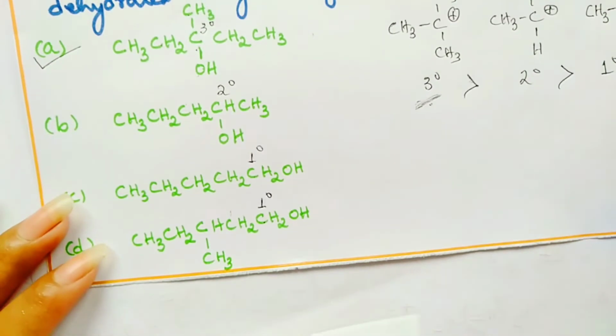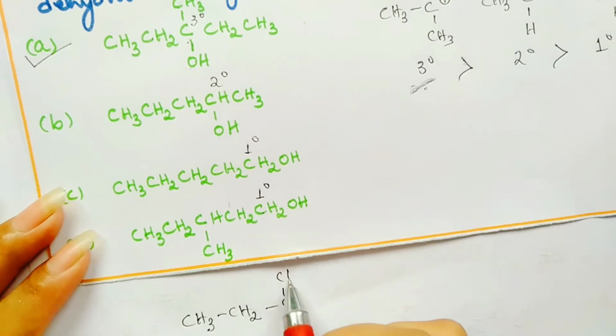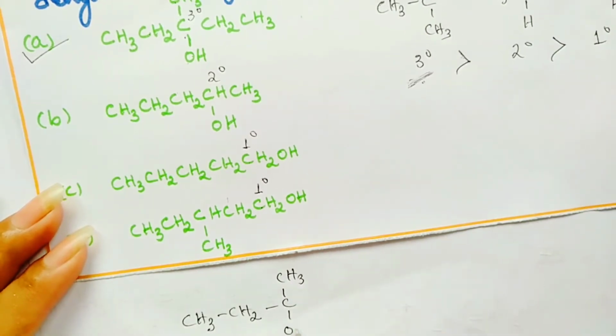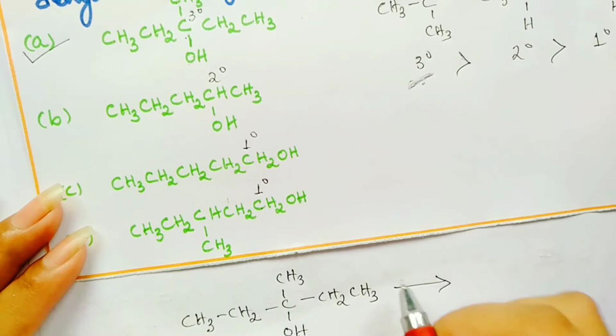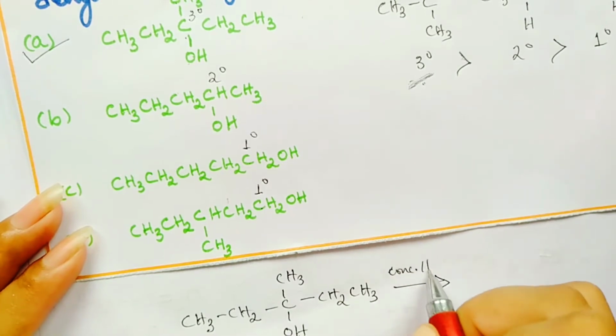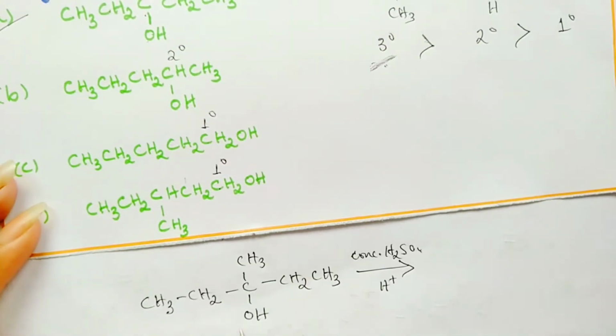Let me show you here. I have this alcohol, CH2CH3. Now what we do? We add concentrated sulfuric acid. So from here we have H plus, right? So dehydration happens.